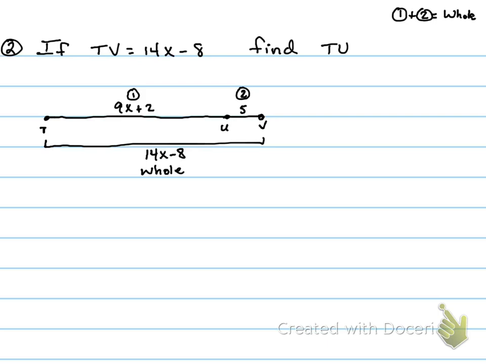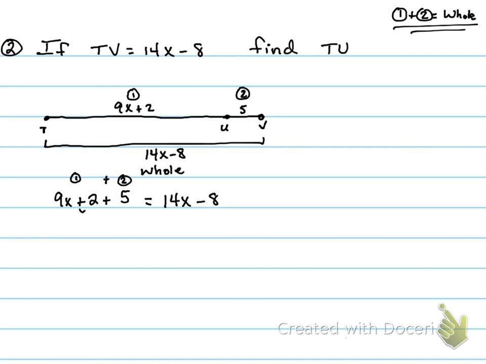So again, we're going to use our rule, 1 plus 2 equals the whole, and go from there. So 9x plus 2 plus the second piece is 5. So here's my first piece, here's my second piece, there's my plus in between them, and we're going to equal the whole, which happens to be 14x minus 8.